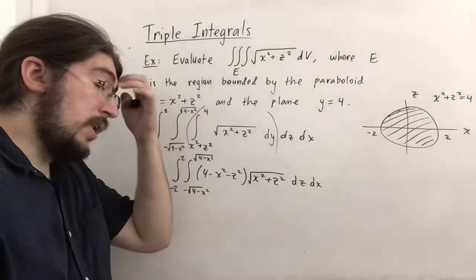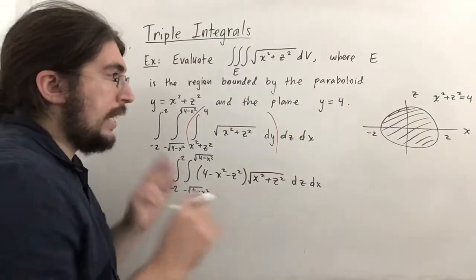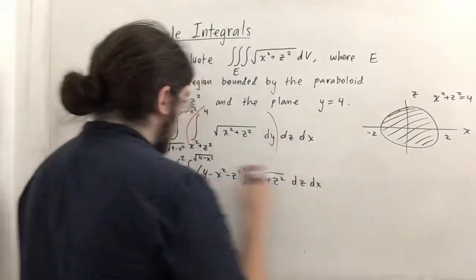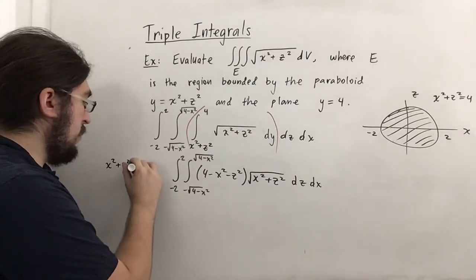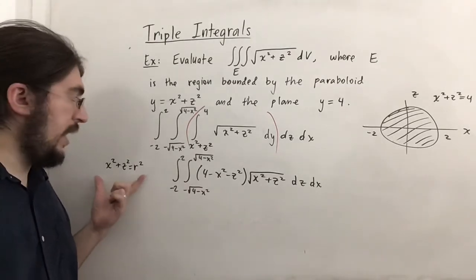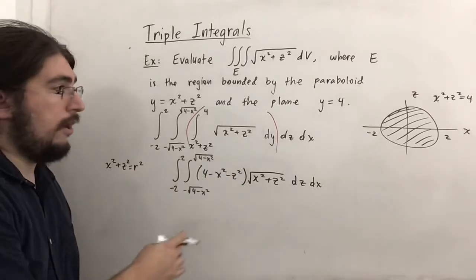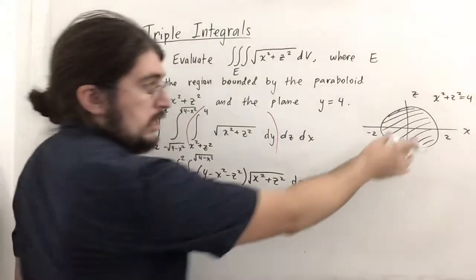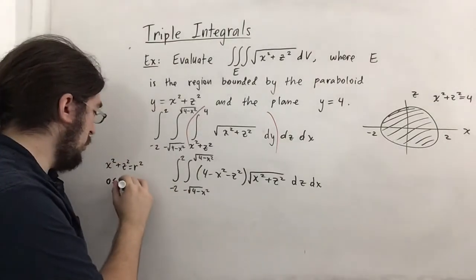What we're going to say is the following. In order to cover this region, we want x squared plus z squared to be equal to the radius squared. Now this will be the equation of any circle that is centered at the origin with radius r. But notice r, in order to cover this whole circle, we want r to go from 0 to 2.